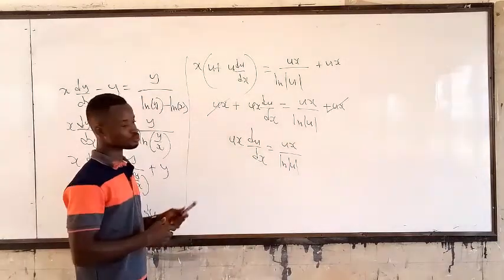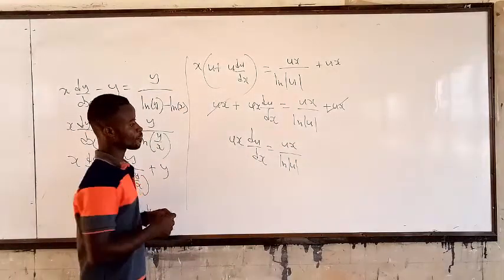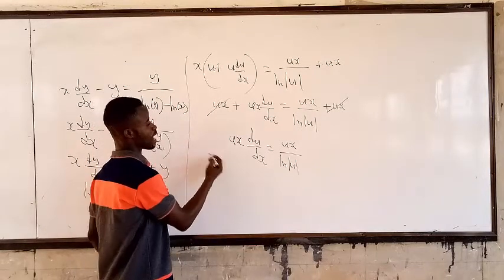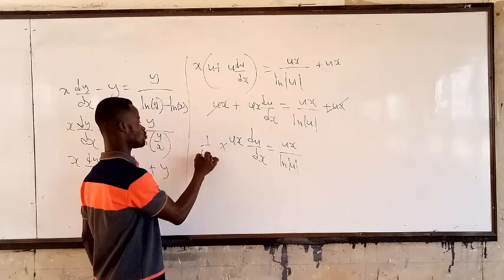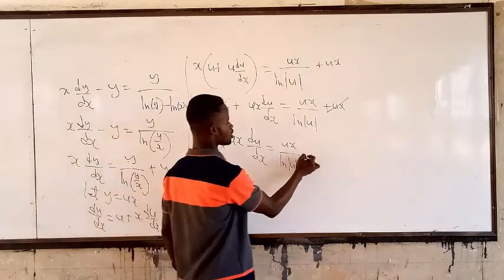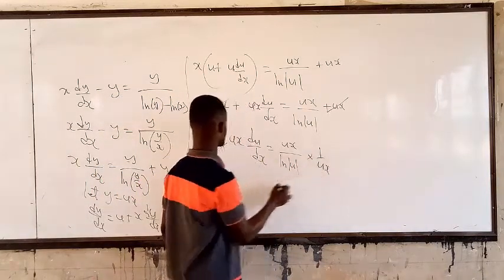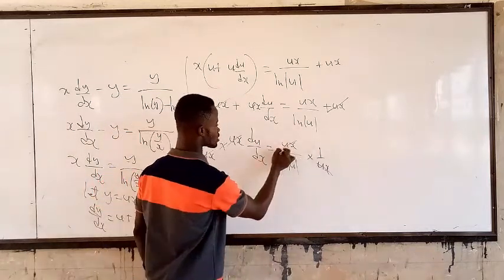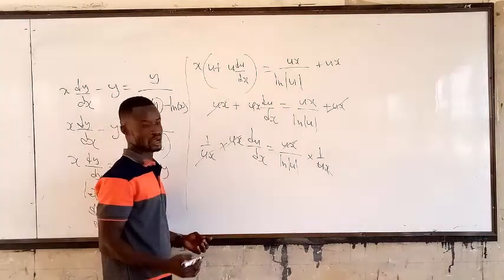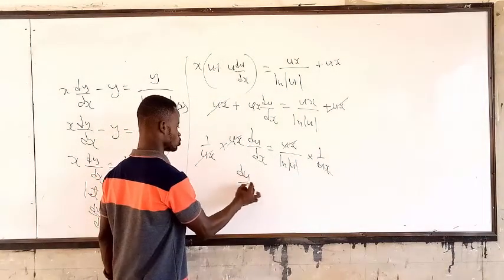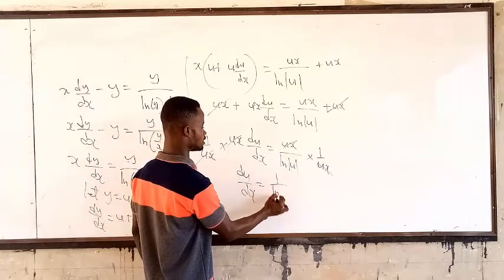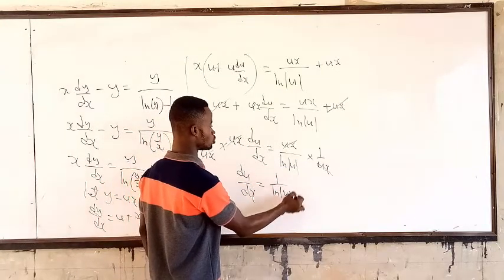So now, having this, you can see that we can multiply this by 1 over ux. So this will cancel this. This will cancel this. Algebra. So here we get du/dx is equal to 1 over ln u.